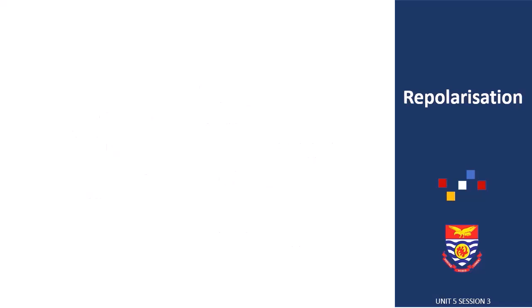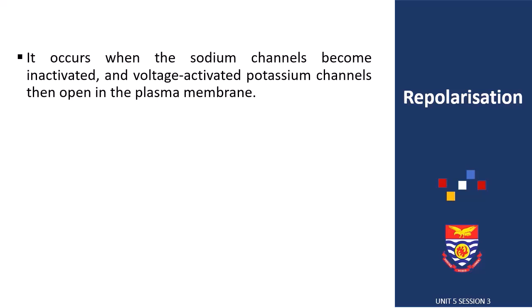The second stage of the action potential is repolarization, which is somewhat opposite to depolarization. Repolarization occurs when the sodium channels become inactive, and as a result the voltage-activated potassium channels in the plasma membrane open.